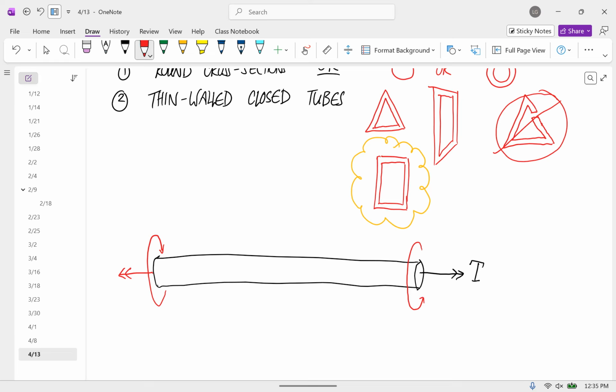Now let's think about what stress element we're going to get from something like this, and think about it in terms of deformations.